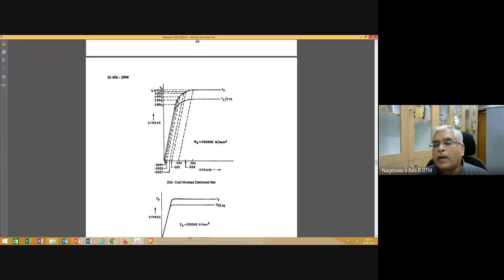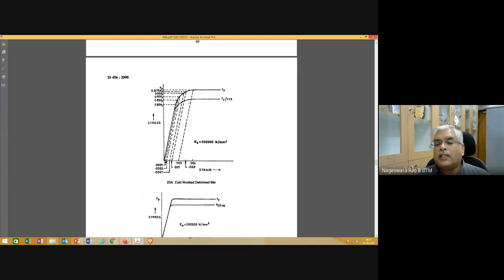This dotted line is parallel to the initial solid line, starting at strain equal to 0.002, and where it intersects the given stress strain curve, that is corresponding to your yield stress value.